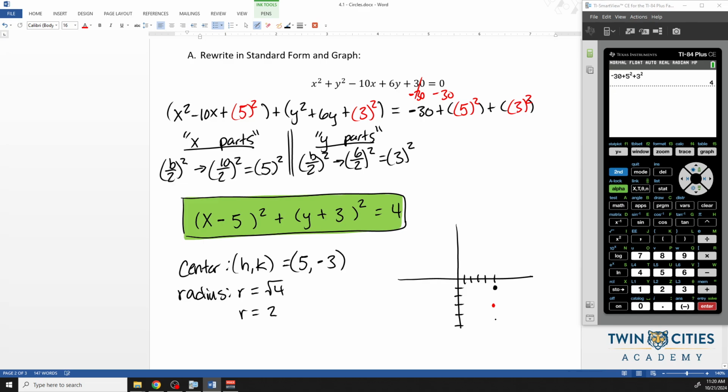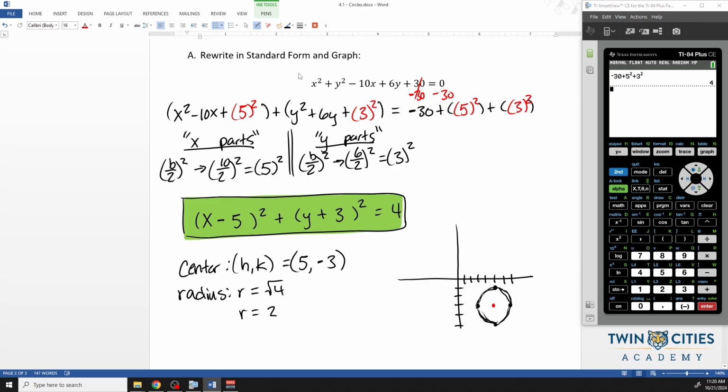Down 1, down 2. We'll go to the left 2, and to the right 2. Now, it doesn't have to be perfect, but once you have these 4 points, kind of fill in some arcs here. So that way you can kind of create a circle.